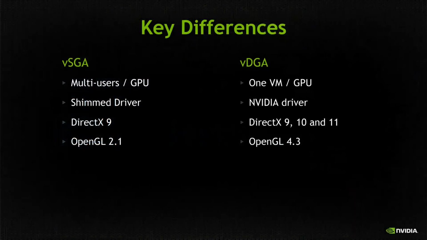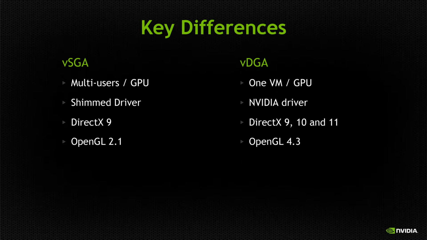Okay, so what are the key differences? For VSGA, you can have multiple users per GPU. Depending on how much video memory is required, you can scale this out quite well. It's always important to experiment with your actual environment and applications to verify how far out you can scale and with what performance.